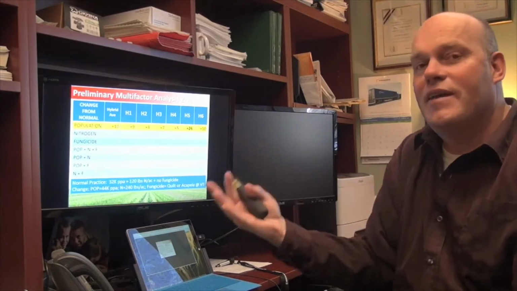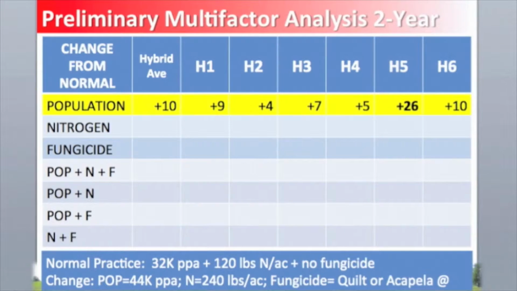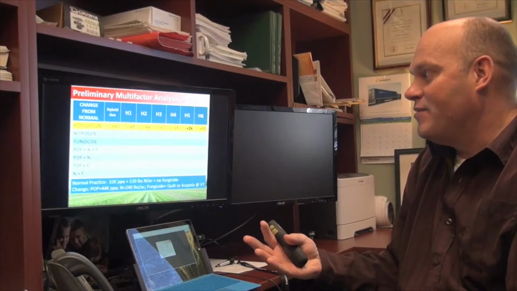If we kept our standard normal management practice, in this case 120 pounds per acre of nitrogen, 32,000 plants per acre with no fungicide, if all we did was increase the population to 44,000 plants per acre, this was our yield response depending on the hybrid. Look at this. Some hybrids responded 5 bushels, other hybrids responded up to 26 bushels just with a change in population by itself. Okay?